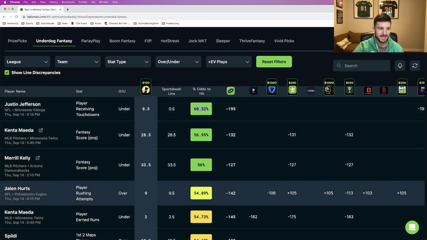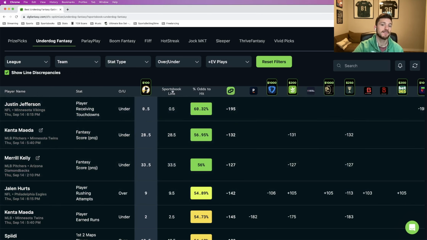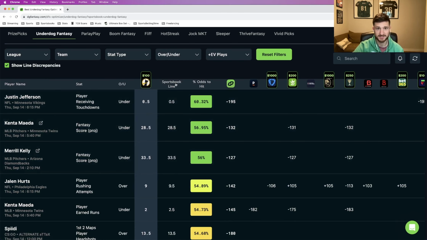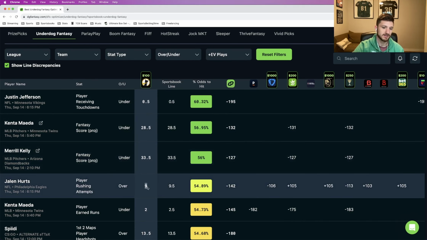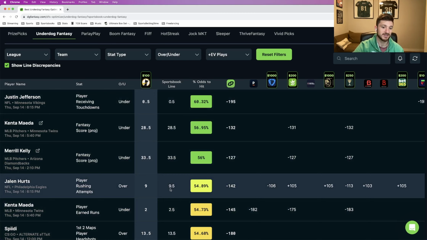Our next play in the Eagles game is going to be for Jalen Hurts to go over 9 rushing attempts. Now, this is where I want to highlight the sportsbook line because we see here the Underdog logo and we see the sportsbook line. So the Underdog logo is giving you the over-under you are actually taking on Underdog. That's pretty simple. The sportsbook line is giving you where the sportsbooks price the play.